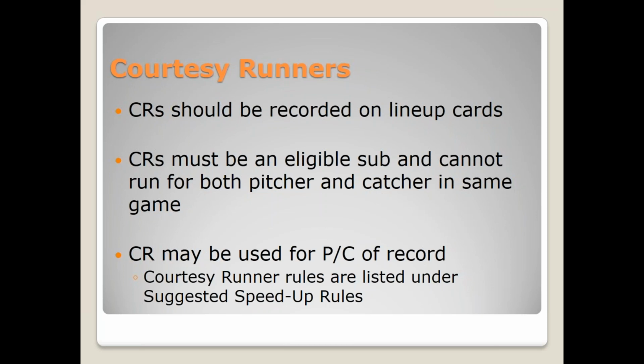And I write down what number goes in for them. Just remember, a courtesy runner has to be an eligible sub. He cannot be someone that's already been used in the game and is out of the game. And that person being a courtesy runner does not affect their eligibility to do anything else in the game.